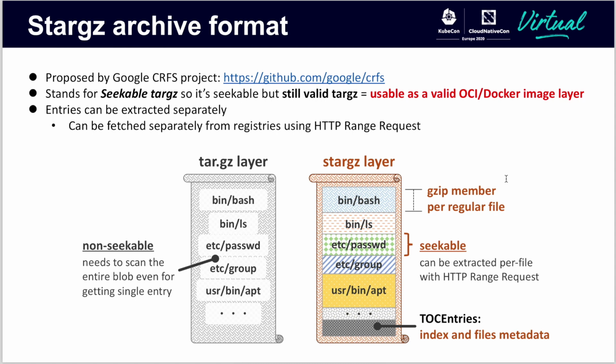And it contains an index called TOC at the tail of the Stargz blob, so we can get the offset information of each entry contained in the Stargz blob. TOC also contains metadata of all files stored in the Stargz archive, so we can mount this layer without seeing the header of each file.